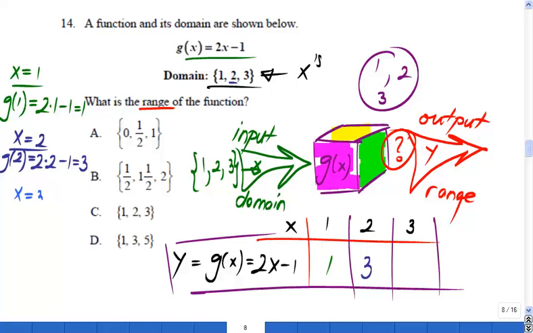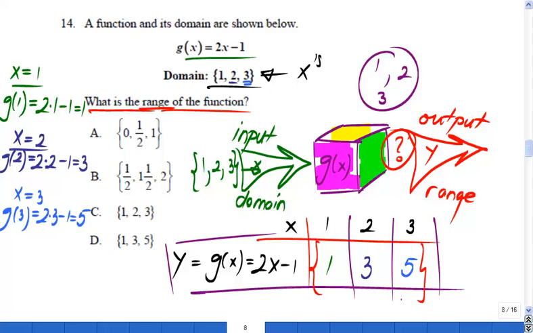Next, x equals 3. That's your next element for your domain. You have to find what is g of 3. G of 3 would be 2 times 3 minus 1, which is 2 times 3, 6 minus 1, 5. That's going to be 5. Now, what is the question asking you? What is the range, right?